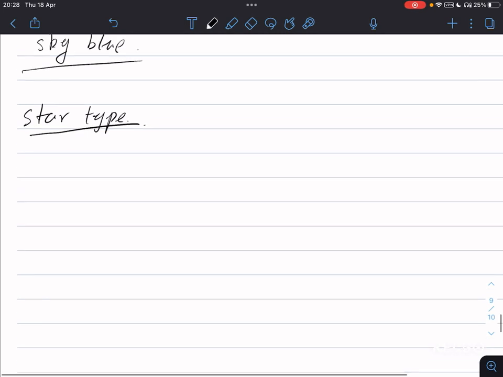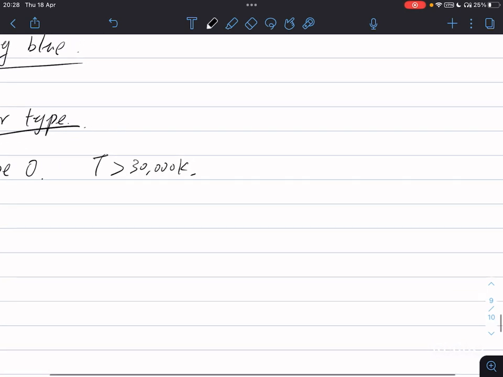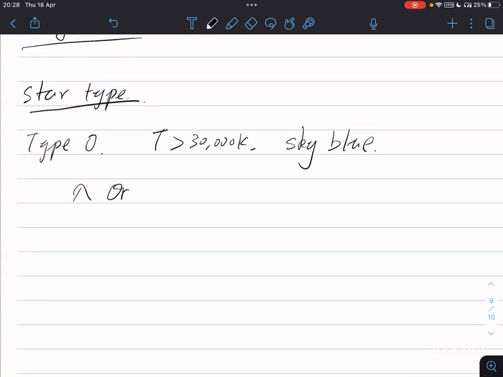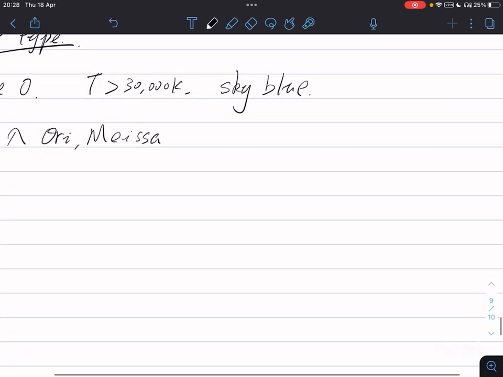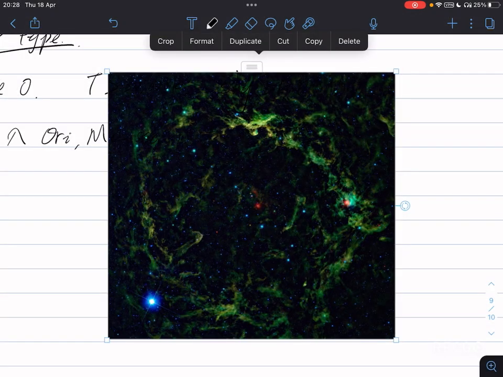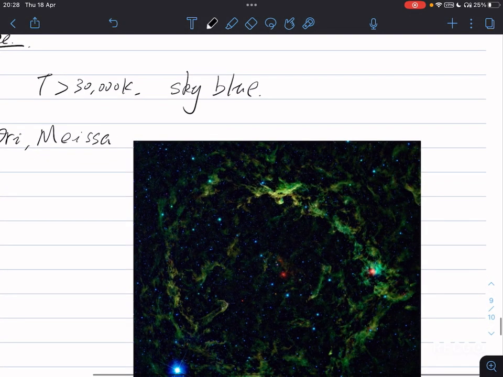First, according to the effective temperature and the color: type O, with a temperature higher than 30,000 Kelvin and a sky blue color. An example is the so-called lambda Orionis star. You can see the picture of it. This picture is taken from NASA.